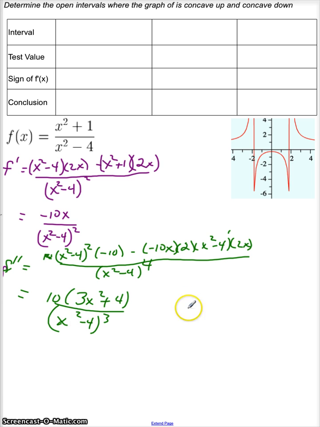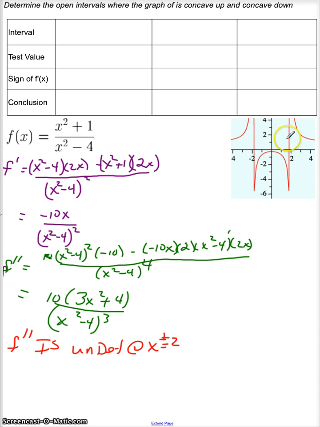Now, let's figure out what intervals we need to deal with. This function is never 0, all right? However, you do have f double prime undefined at x equals plus or minus 2.